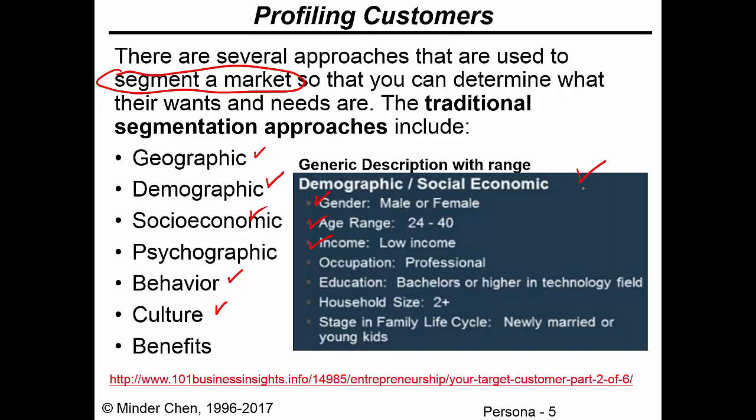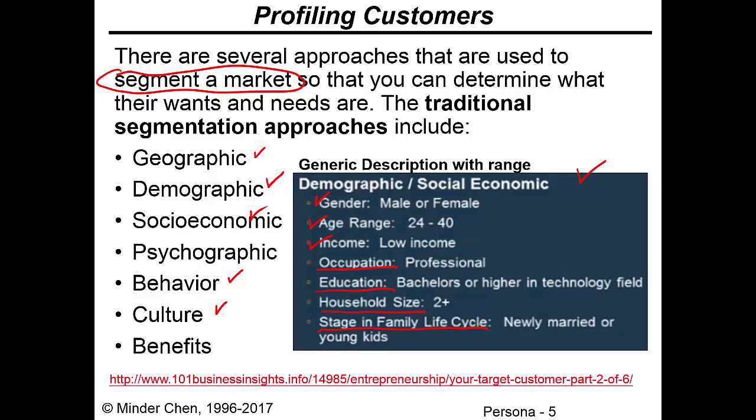So you can document this customer profile using a simple bullet listing features such as the one showing here, including gender, age, income, occupation, their educational level, the household size, and their stage in the family life cycle.